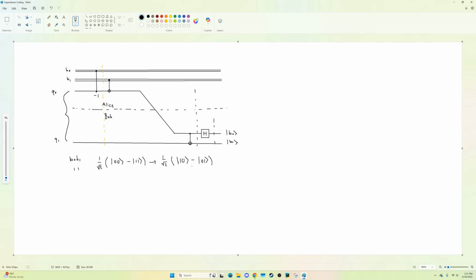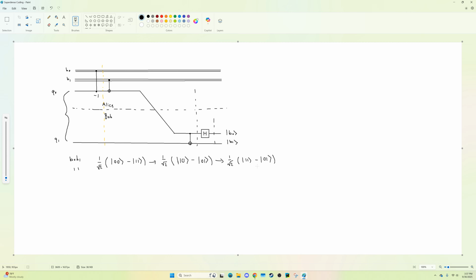So this is a perfectly anti-correlated Bell state with a phase flip. Now applying this portion right here, applying the CNOT between Q0 and Q1, we get 1 over square root of 2, and applying Q0 as the control, then this flips, so we get 1, 1, minus, and this one does not flip, 0, 1.